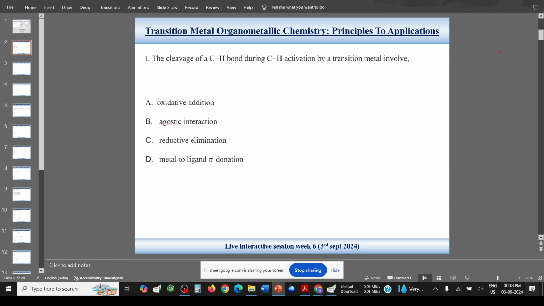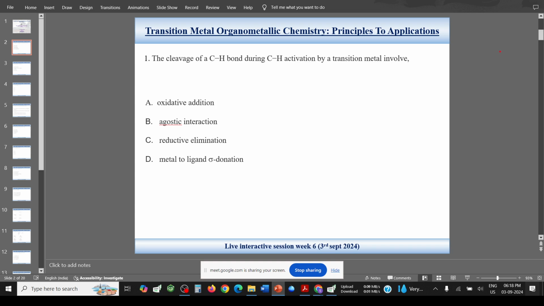We have already completed transition metal complexes with carbon having sp3 hybridization, that is CH, CC or CF. Now we move to transition metal carbon complexes with sp2 hybridization, that is the alkenyl or aryl complexes.